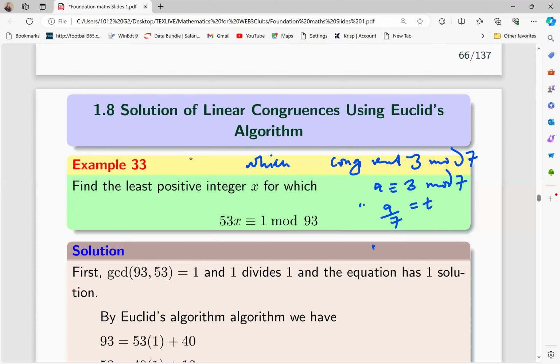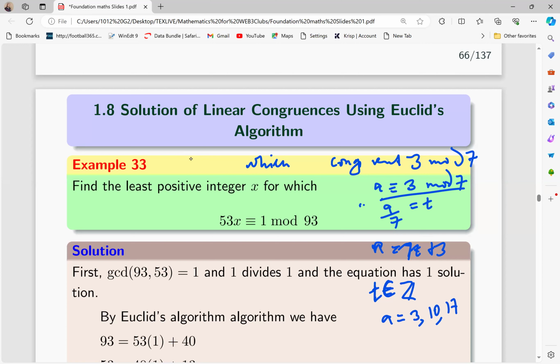So we wrote A as 7T plus 3. Then we said T could be any integer. If T is 0, we find this to be 3. If T is 1, this will be 10. If T is 2, this will be 17. So there are so many numbers that will satisfy this equation.